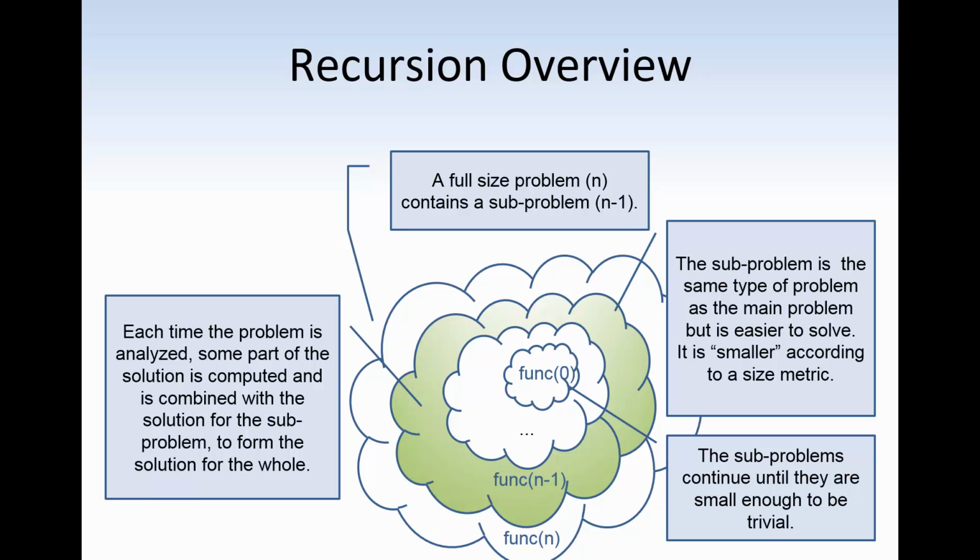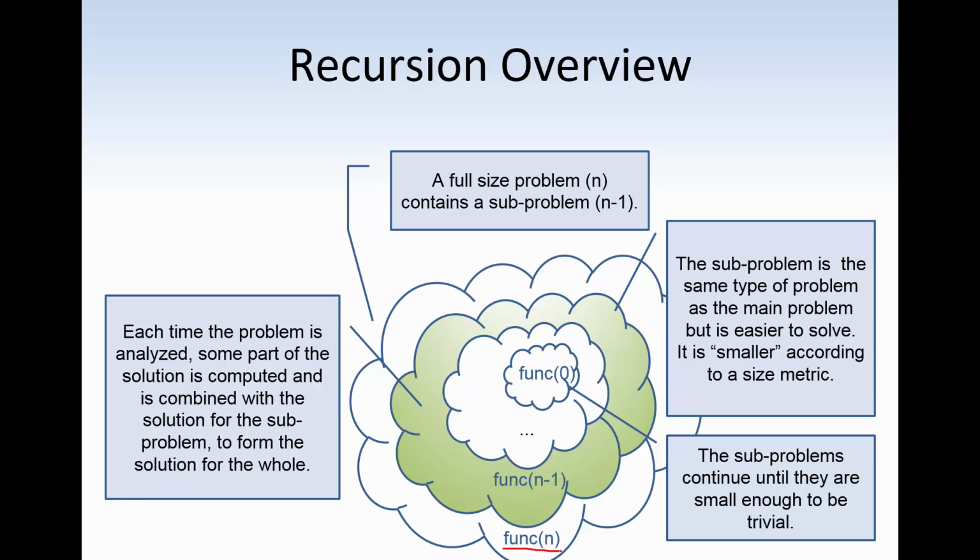Imagine you're trying to compute the factorial of n. That's your full-size problem. On my little diagram, that's represented as this outer white cloud, and in here you see a function of n. So imagine that cloud represents your problem, and inside of that cloud is all the work that needs to be done. In recursion, we have a size n problem, a full-size problem.